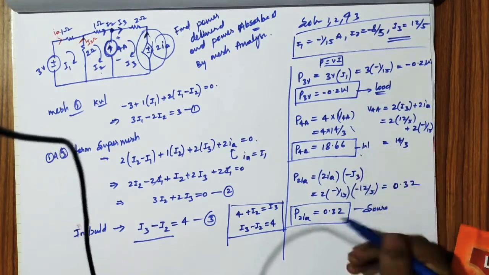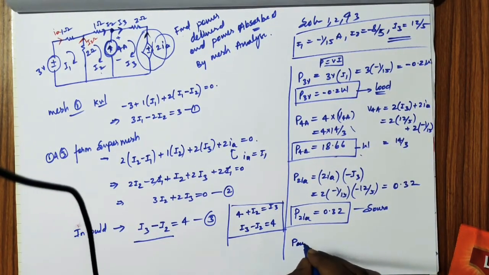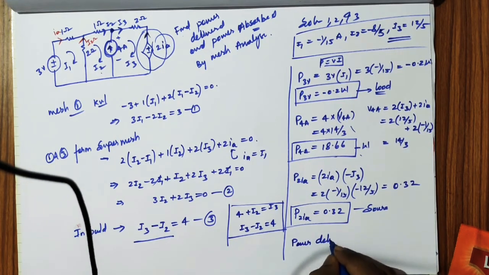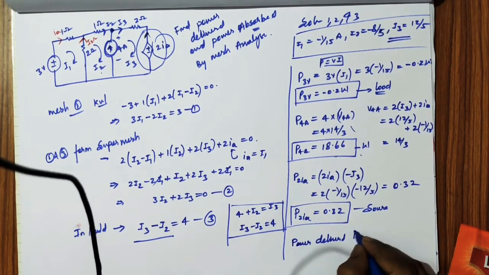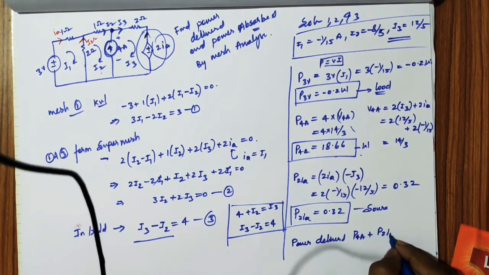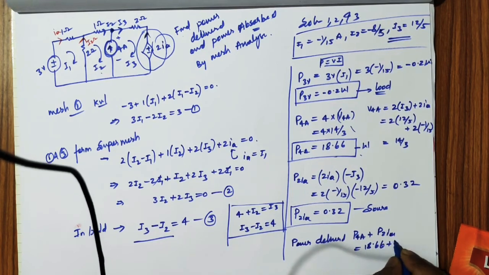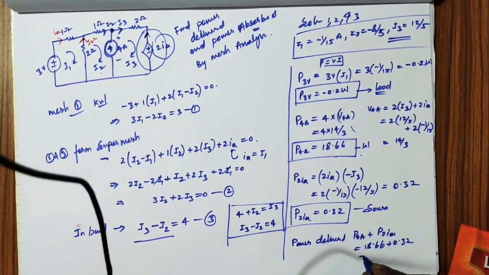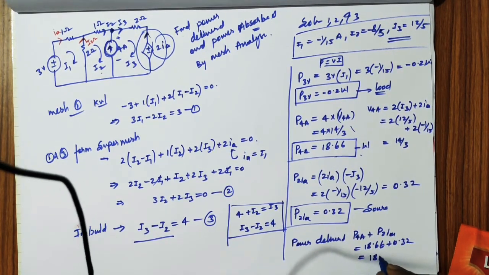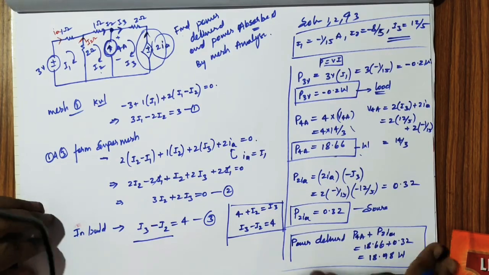Okay, now the power delivered by two elements only. The power delivered is P4A plus P2IA, that is equal to 18.66 plus 0.32, which is equal to 18.98 watt. Okay, now we have to find the power dissipated.